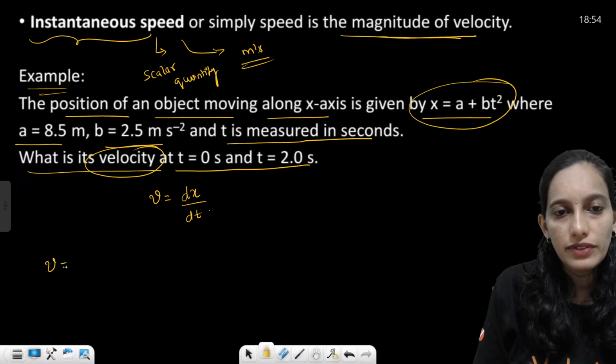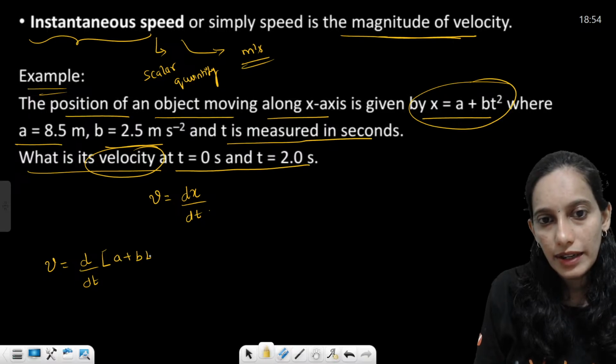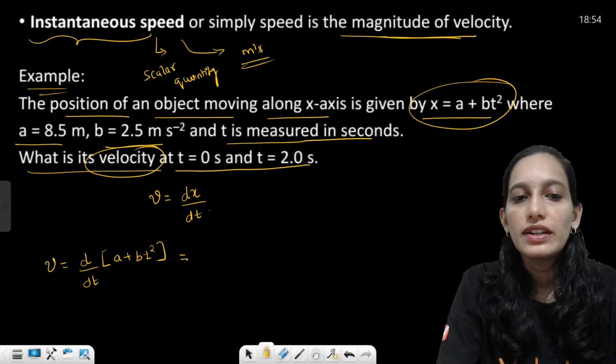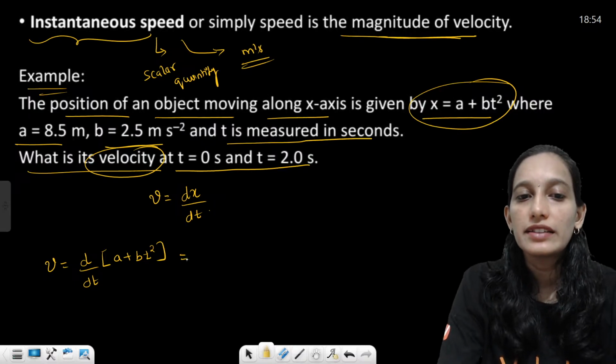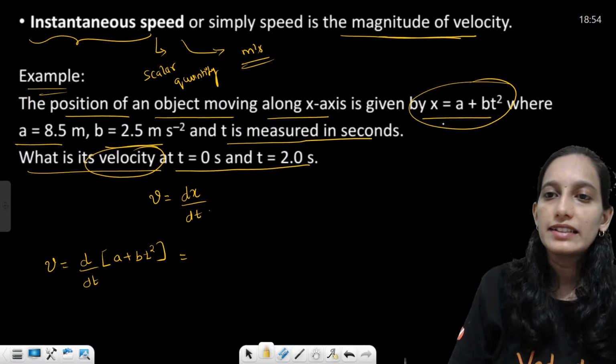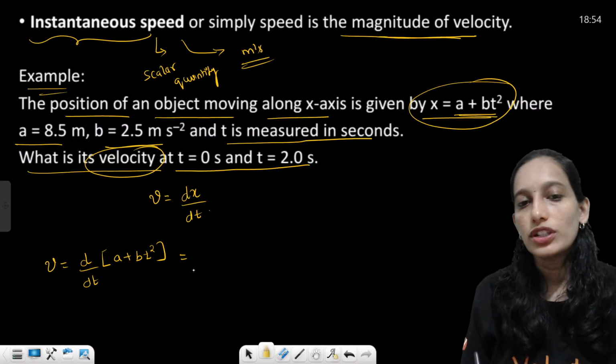So v is equal to d by dt of a plus b into t square. d by dt means differentiate x with respect to time. Here x is a plus b into t square.